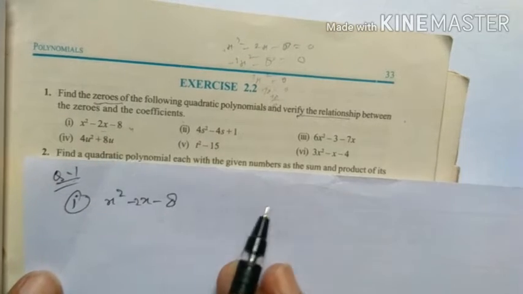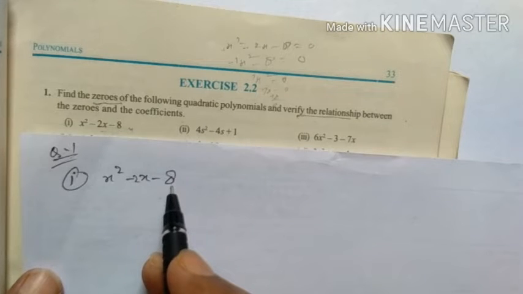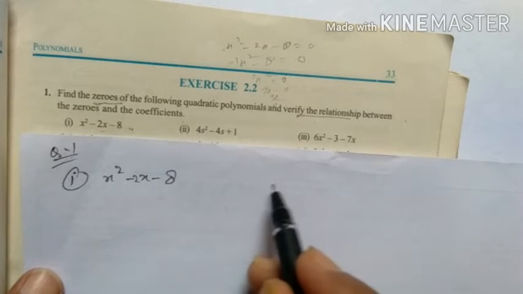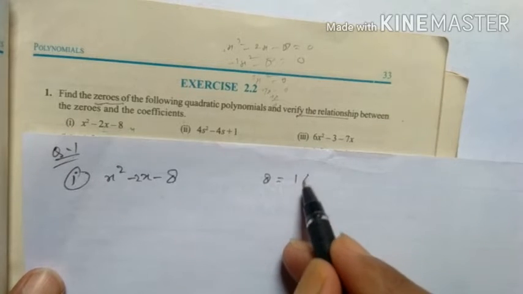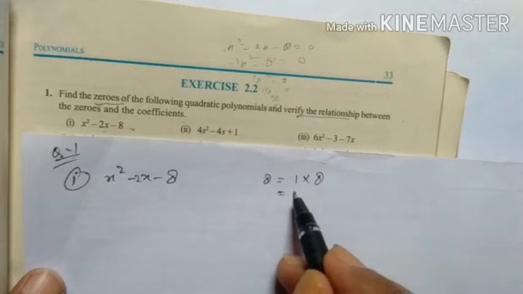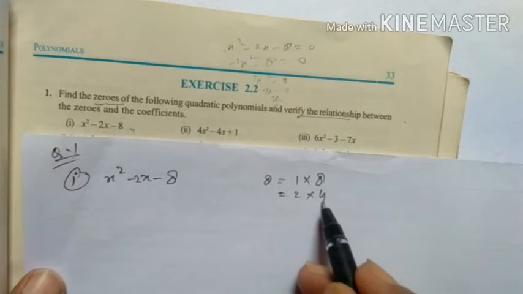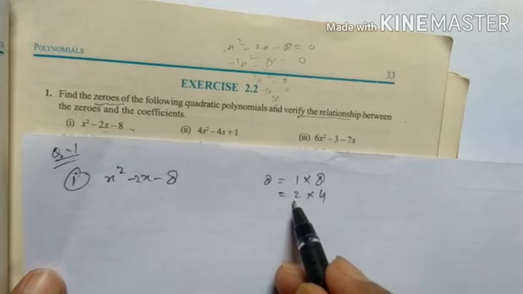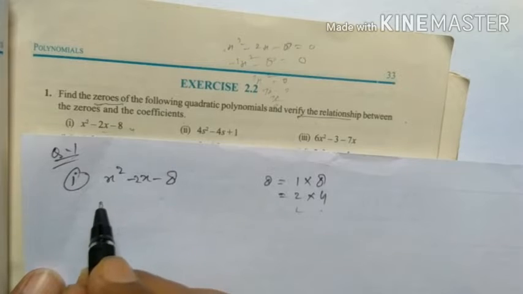Find the zeros. So we will factorize this. The factors of 8 are 1 and 8, 2 and 4. So 4 minus 2 equal to 2. So you will take this value.